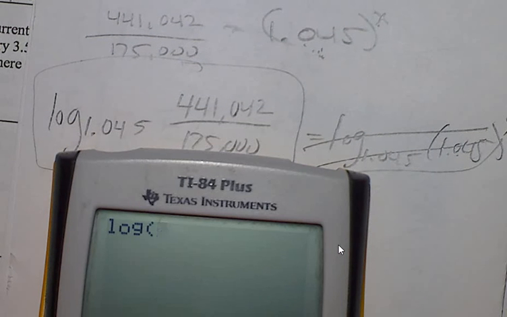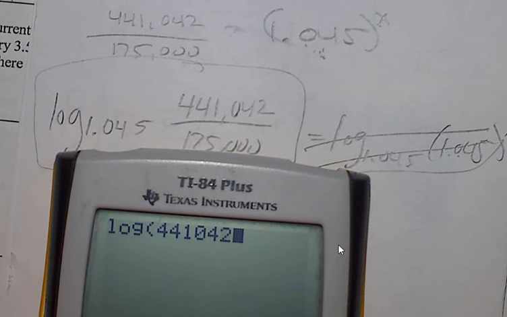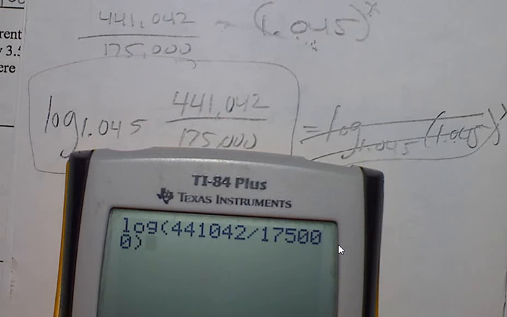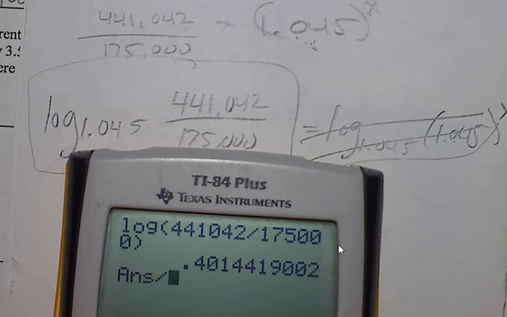In this case, it just happens to be a fraction. 4,441,042 divided by 175,000. So log of the back, you should be doing the same on your calculator. Press enter, and now divide it by log of the base. So log 1.045.